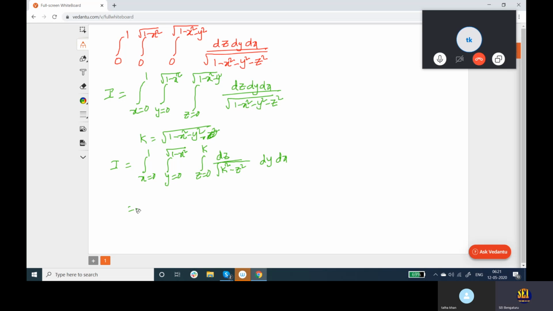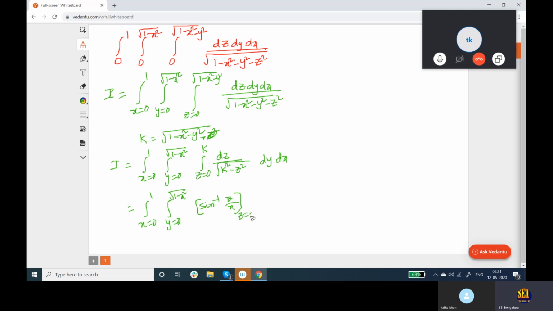Next step, you can do integral x is equal to 0 to 1, integral y is equal to 0 to square root of 1 minus x square. Here, can you say the integral of 1 by square root of k square minus z square? What is the formula we studied? Sine inverse of z by k. Yes?